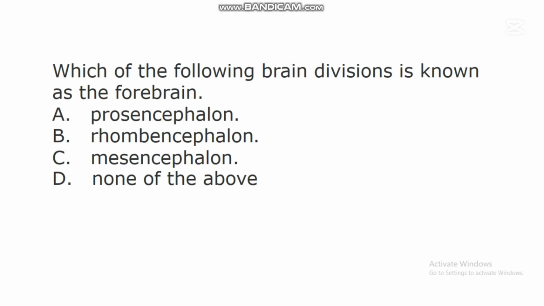In this question, the correct answer is A. Prosencephalon. Prosencephalon is regarded as the forebrain. So when someone is talking about prosencephalon, he or she is talking about the forebrain as a division of the brain.